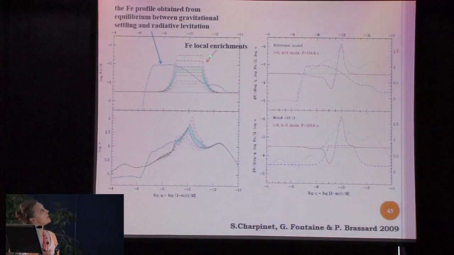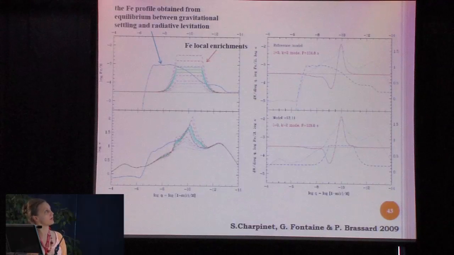And here we have just an artificial enrichment of iron. Here we can see the work integral for this reference model, which has a proper profile of iron, and this is the model which has an artificial enrichment of iron.